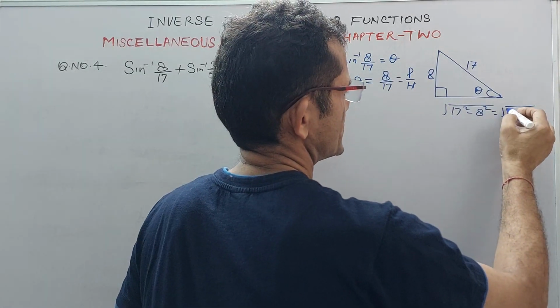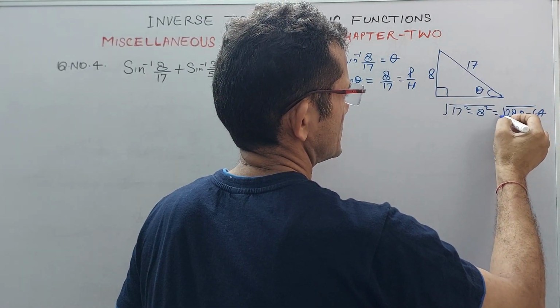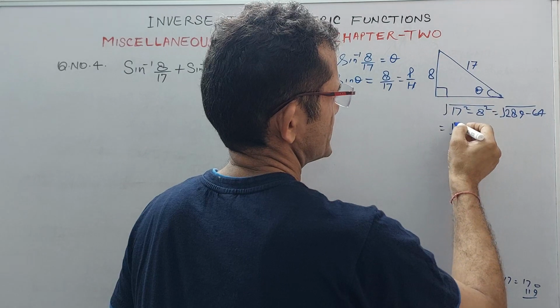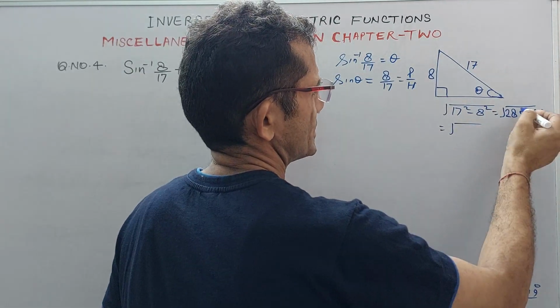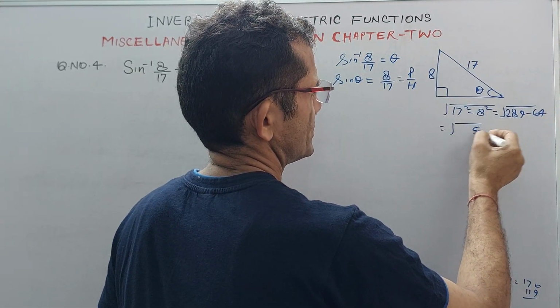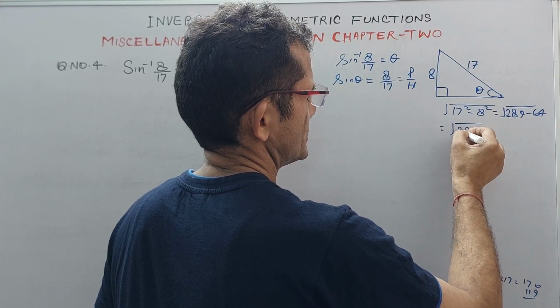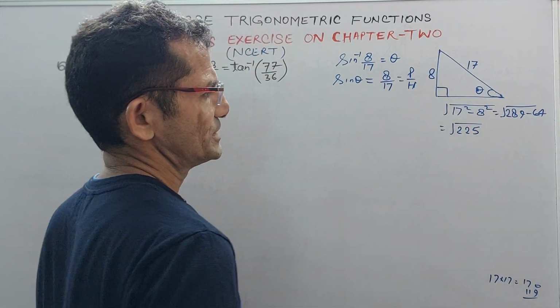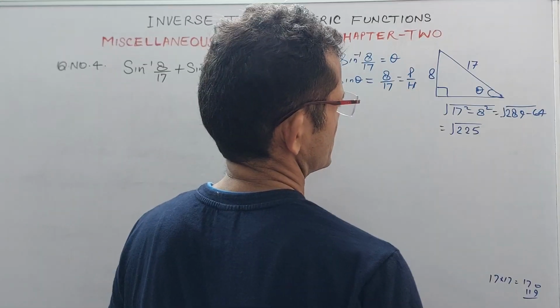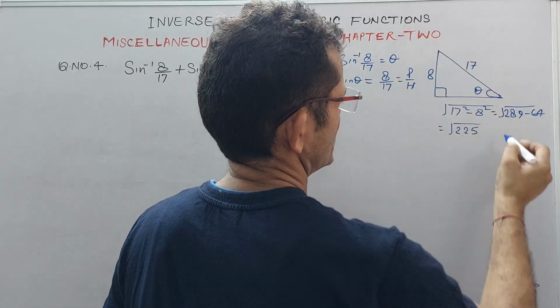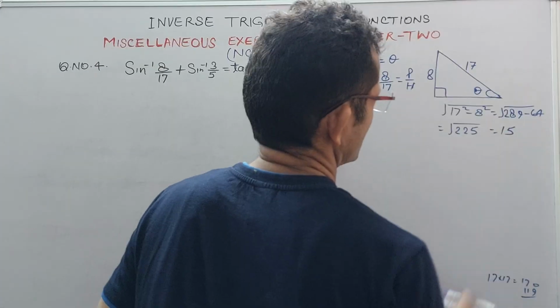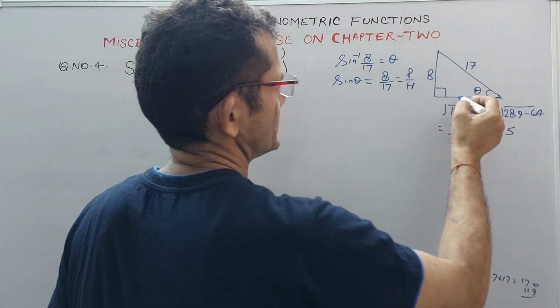Square of 17 is 289, minus 64. By simplification, 289 minus 64 is 225. 225 is the square of 15. So our base will be 15.